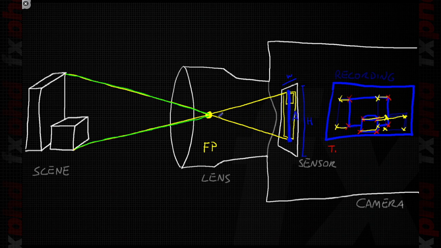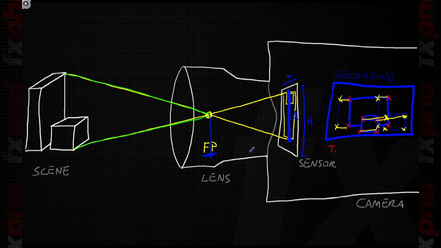So now we need to understand what is the size of this side and this other side. Well, we don't know much to get this, but if we know the distance between the focal point and the sensor, maybe we can create some kind of arrangement to calculate that.